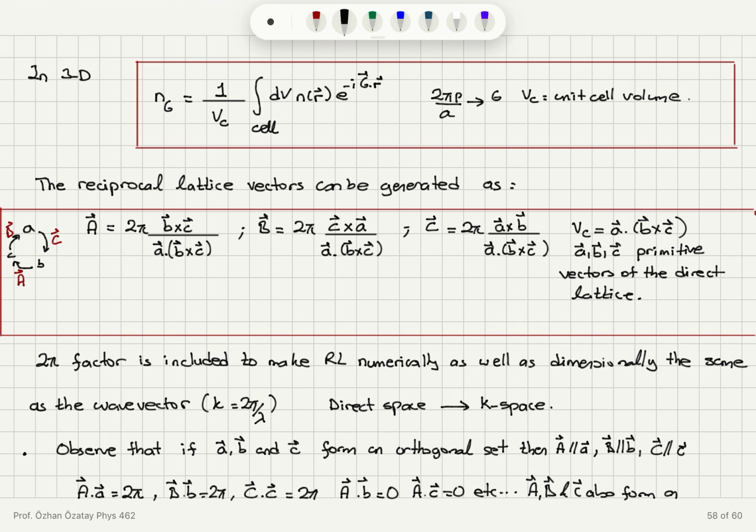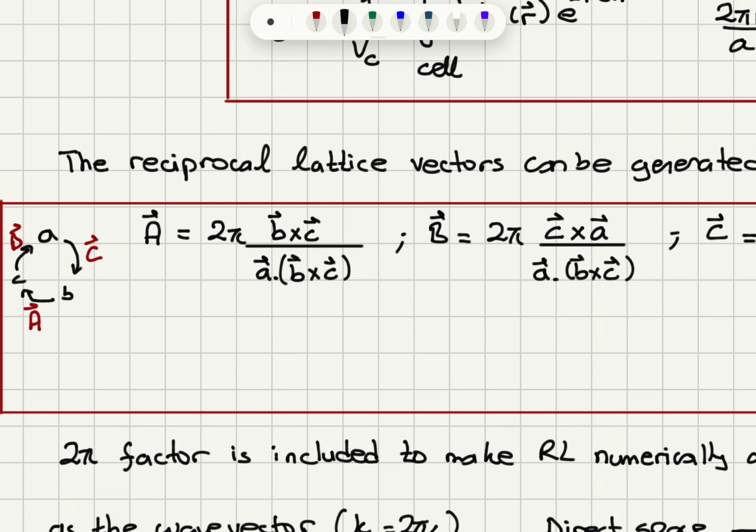Now you can see that if a, b, and c form an orthogonal set, for example, if we have a cubic crystal, then b cross c will give me a.